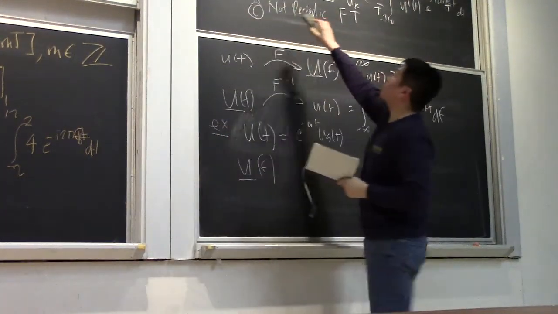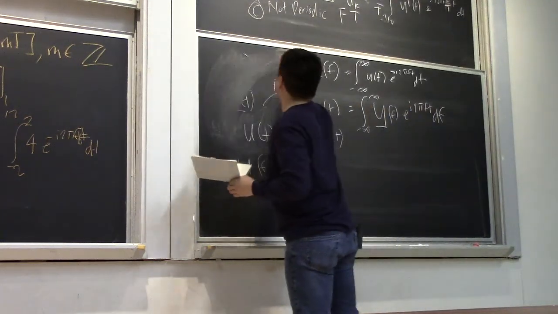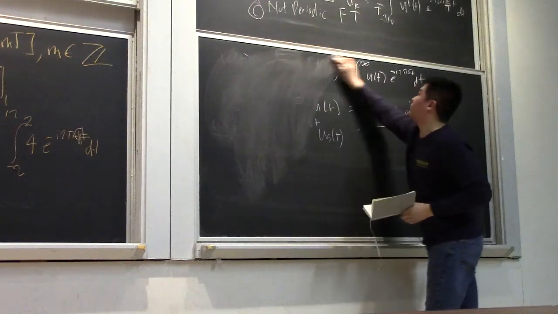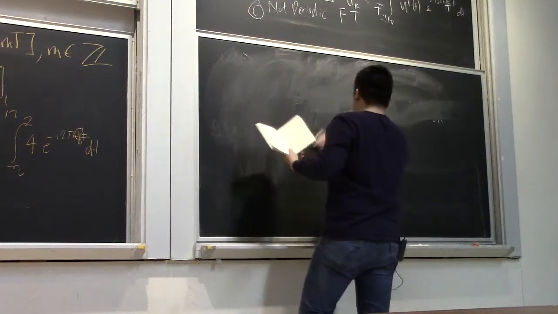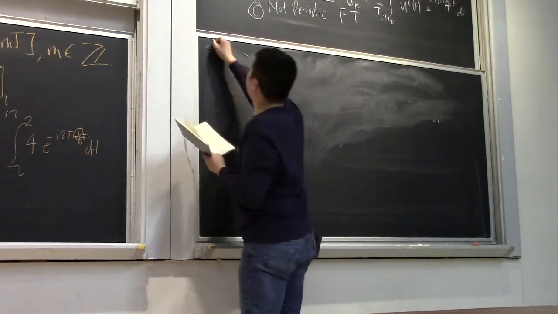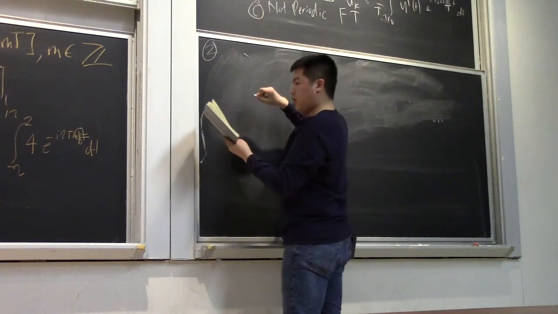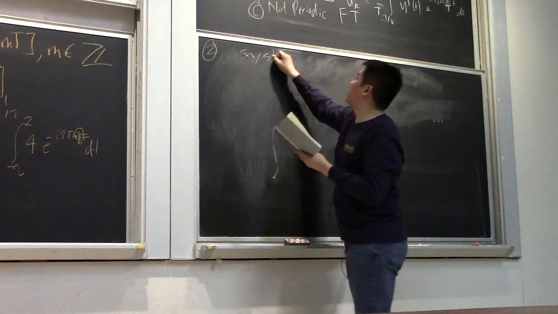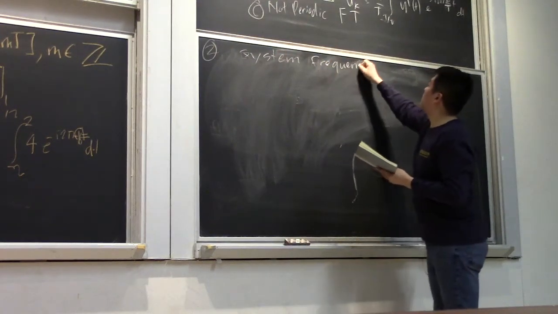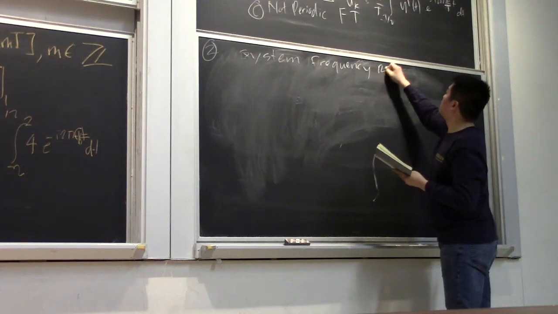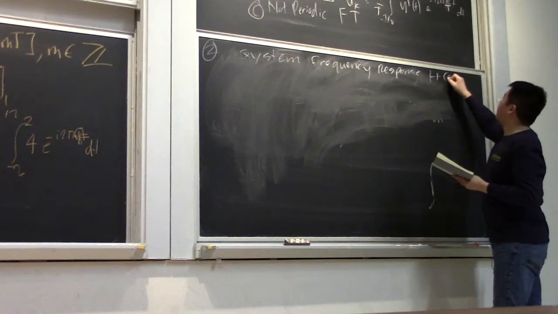So step 1 is all about writing u of t as a sum of complex exponents, sum of periodic functions. To find the rest of it, to find the output y, you have to then know what is the system frequency response, H of f.